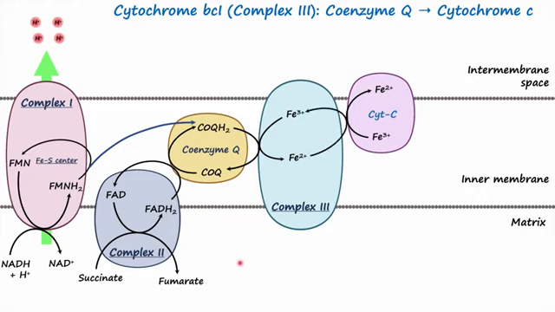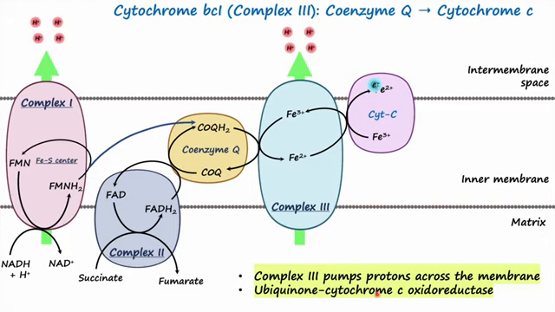And most importantly, when the electrons are transferred through complex 3, they become supercharged, and therefore cause a conformational change in complex 3 to act as a proton pump, and complex 3 transports 4 protons across the inner membrane, that is from the mitochondrial matrix to the intermembrane space. So basically complex 3 pumps protons across the inner membrane, and because it oxidizes ubiquinone and reduces cytochrome c, it is also known as ubiquinone cytochrome c oxidoreductase.